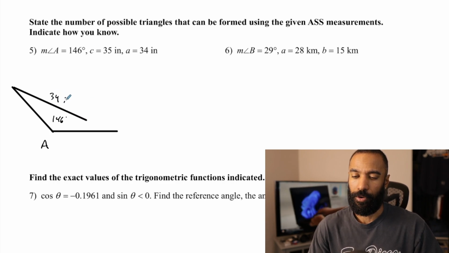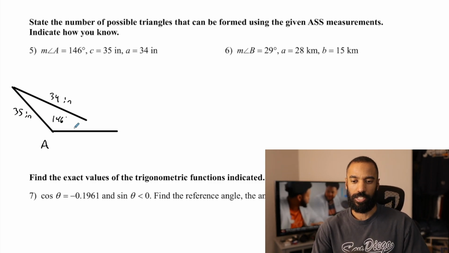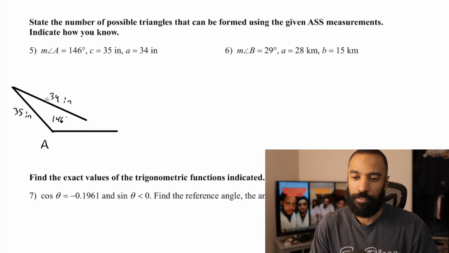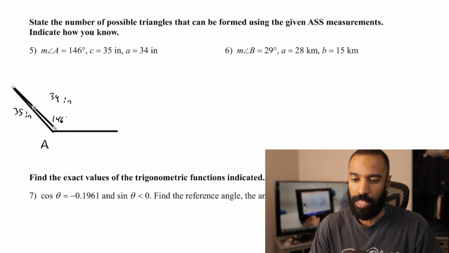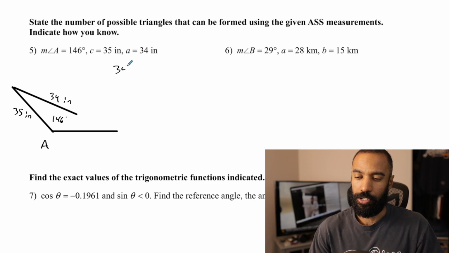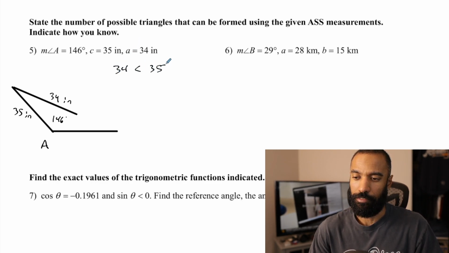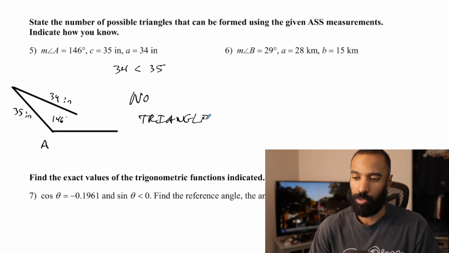Does this have enough length in 34 to come back and reach and make this thing right here? Well, not if it's 34 and this is 35. That 34 side opposite is less than the 35 right there, so no triangles can be formed in that scenario. It's just not possible to reach.